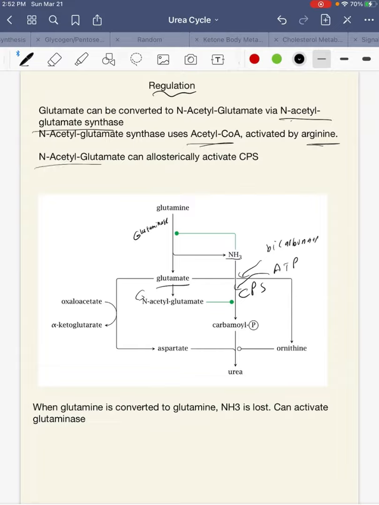And then N-acetylglutamate can allosterically activate carbamyl phosphate synthetase, which is right here. And then when glutamine is converted to glutamate, NH3 is lost, which can then activate the glutaminase enzyme. So this is referring to this up here.